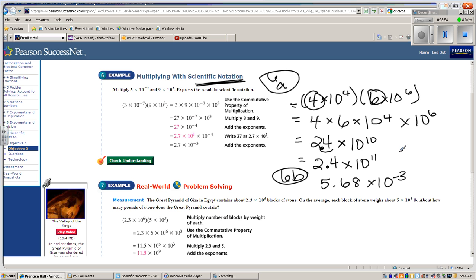Okay, look up. If you haven't finished, go ahead and finish up. But for 6B, if you've done it correctly, you should have 5.68 times 10 to the negative 3 power.